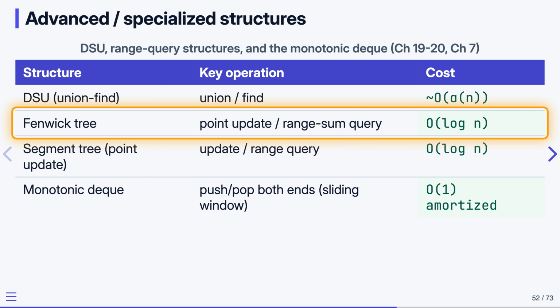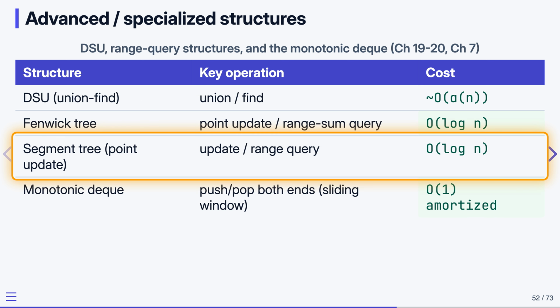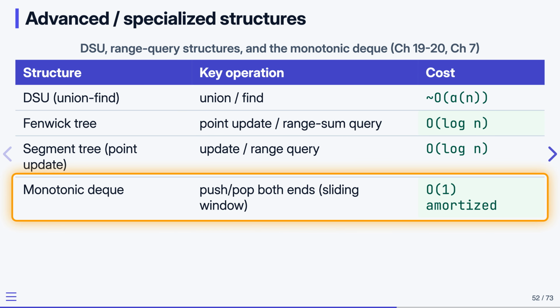A Fenwick tree updates one point and sums a range, both in big O of log n. A segment tree does the same update and range query in big O of log n, and it handles more kinds of range questions. A monotonic deque pushes and pops from both ends in amortized big O of 1, exactly what the sliding window maximum needs.